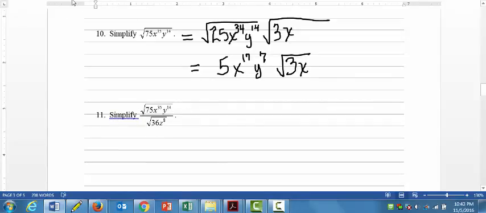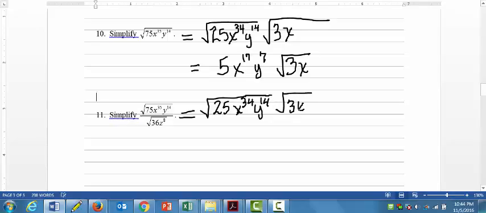All right, so here I'm just combining, I'm doing what I've already done. My numerator is exactly what I was simplifying in number 10. So I'm going to do the exact same process to simplify this square root that's in the numerator.